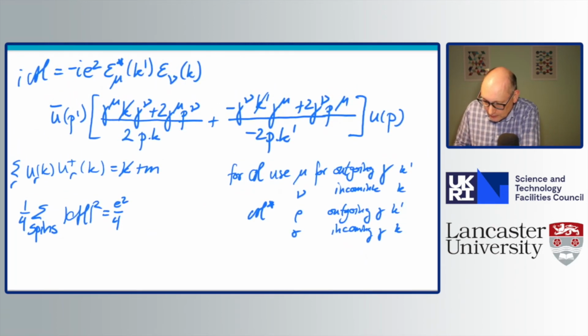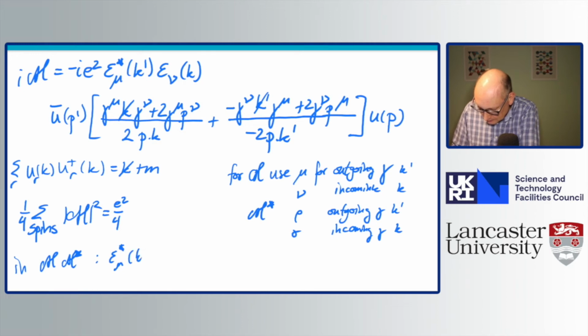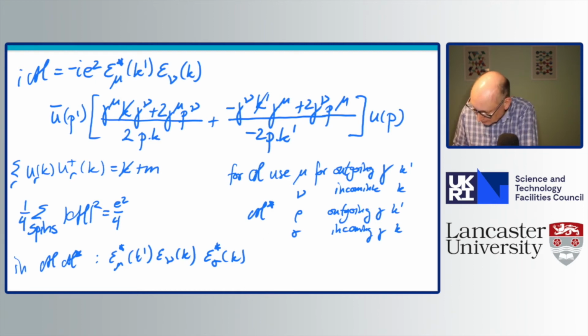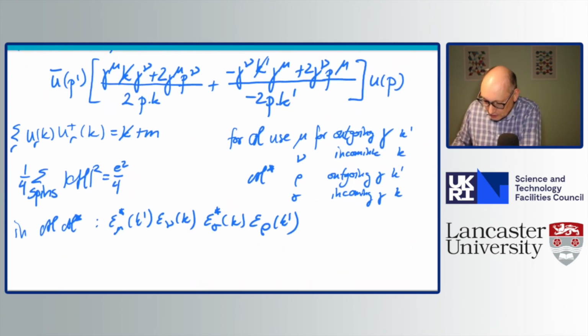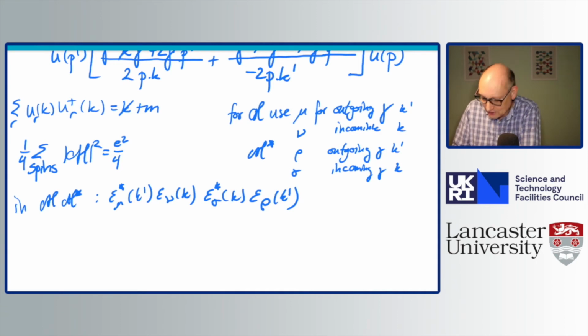And that means that when we form M dagger or M star, which forms M squared, we'll get an epsilon mu dagger k prime epsilon nu k, but then from M star we would get, instead of nu, a sigma. Epsilon sigma of k, that will be star, and then of course we'll get an epsilon rho of k prime, and that's not star, it's starred here, but when we then calculate the complex conjugate, it loses its star. Good.